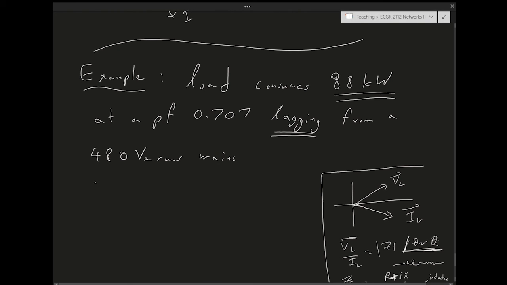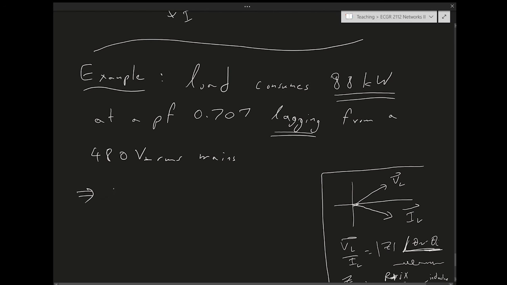Okay. Now they give me further information in this example. They say this utility is providing this customer with this amount of power, but there's a transmission line in between. You're generating the power and transmitting it over a transmission line, and then it reaches the customer.